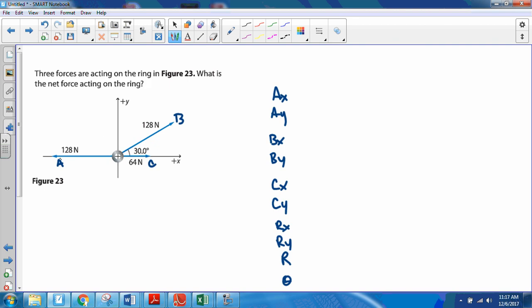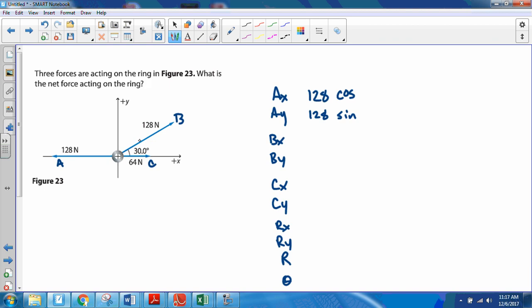Okay? So A is 128, right? So I write 128 and 128. X direction is cosine or sine? Cosine. Remember, Y saw the sine. So cosine and then sine.